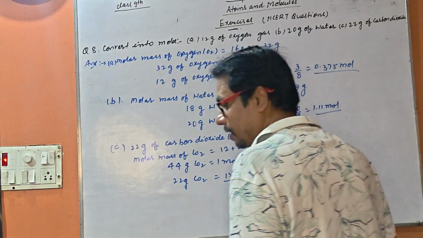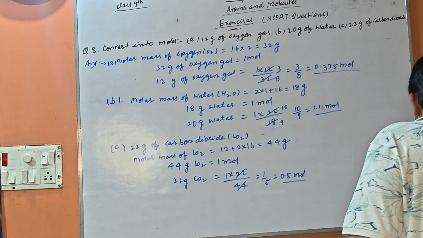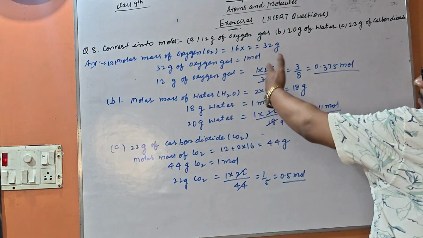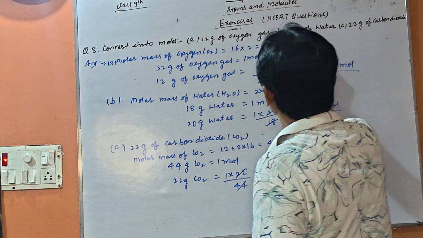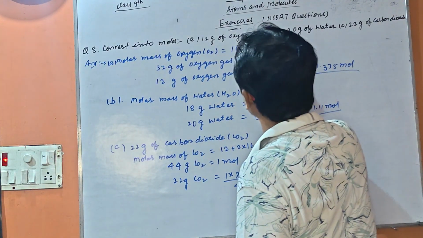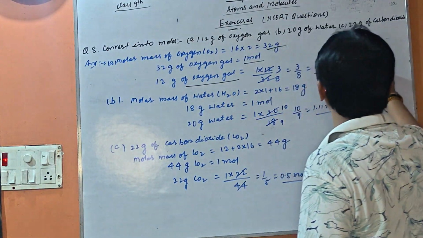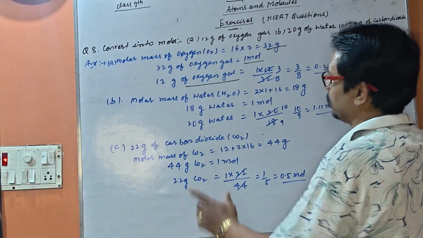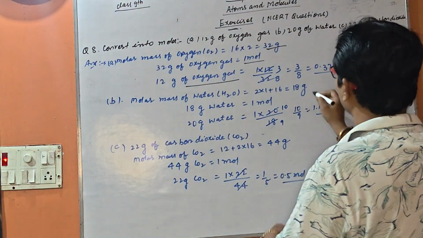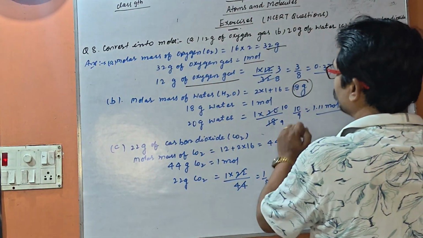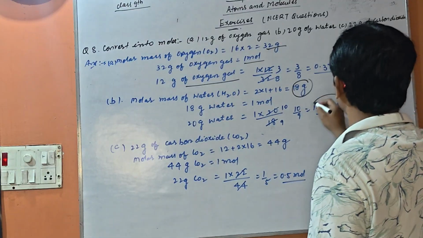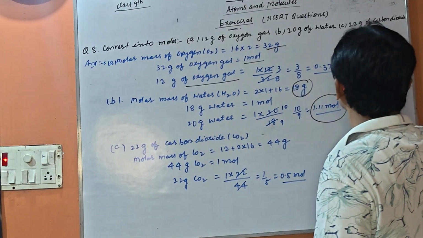Very easy calculation, you can see. Very easy steps. So let us recap. Molar mass of oxygen is equal to 32 gram. 32 gram of oxygen is equal to 1 mole. Therefore 12 gram of oxygen gas is equal to 0.375 mole. Molar mass of water H2O is equal to 18 gram. 18 gram of water is equal to 1 mole. So 20 gram of water is equal to 1.11 mole.